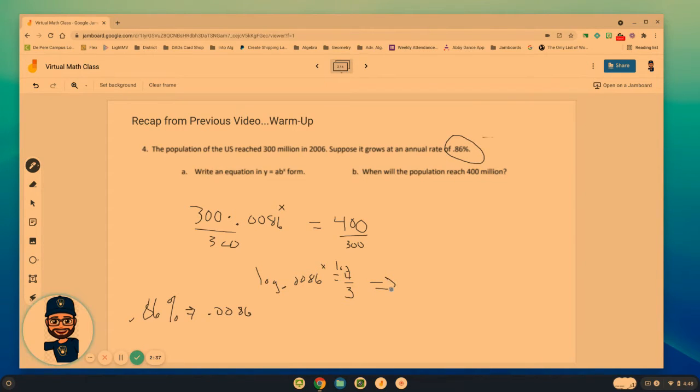That's going to give us x times the log of 0.0086 equals the log of 4/3. We can get x by itself by dividing both sides by that log of 0.0086. And that's the part we want to use in Desmos.